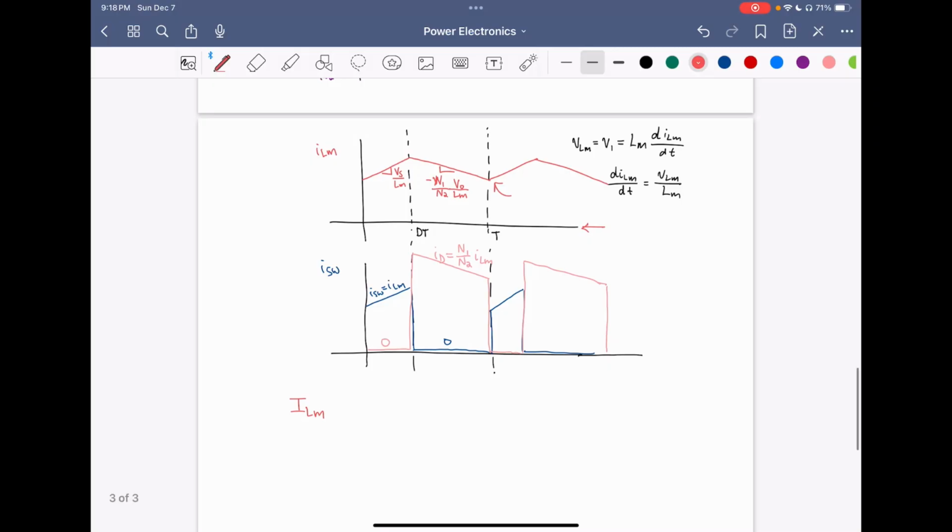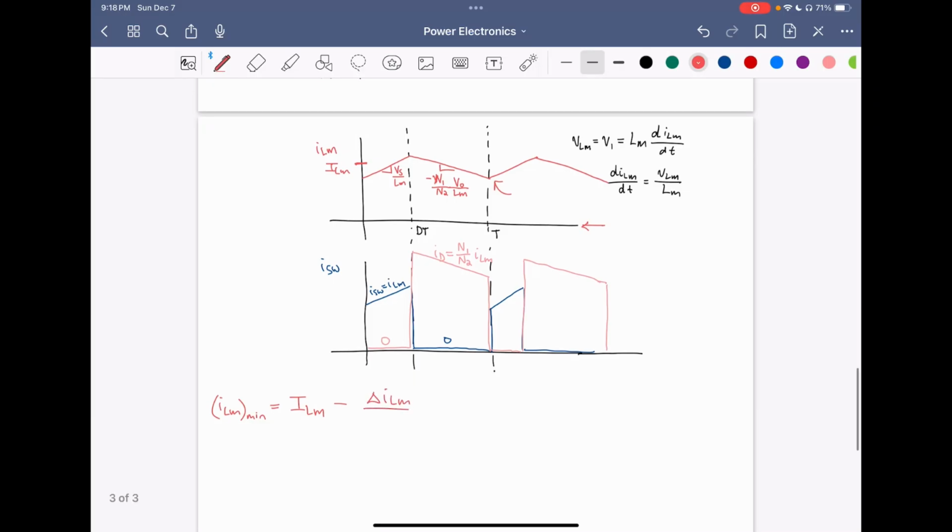And basically our strategy is to find the minimum magnetizing current as the average value, ILM, minus the change in the magnetizing current over 2.